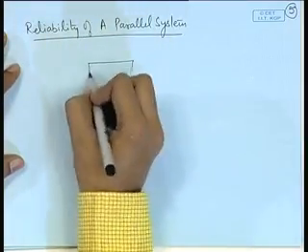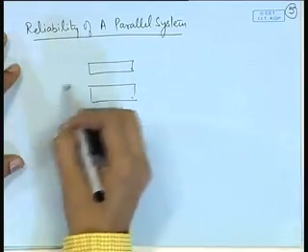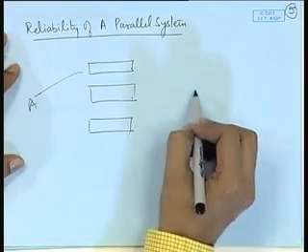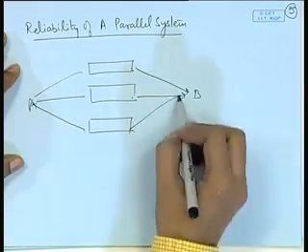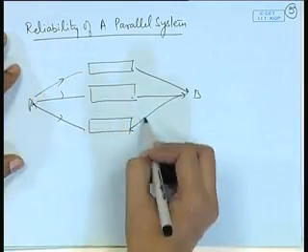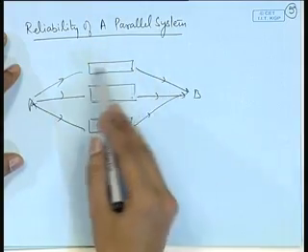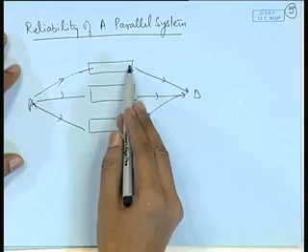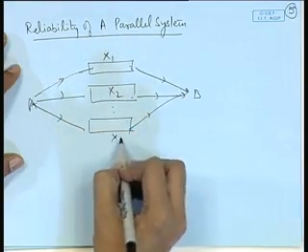So there are several links from, say, A to B, and the system will function if any one of the components is functioning. Let us call the lives as x1, x2, xk, etc.